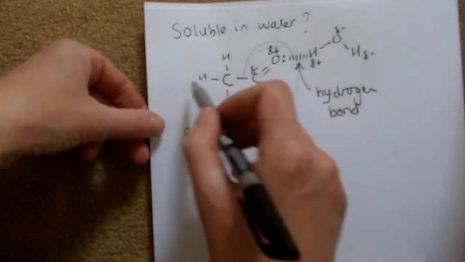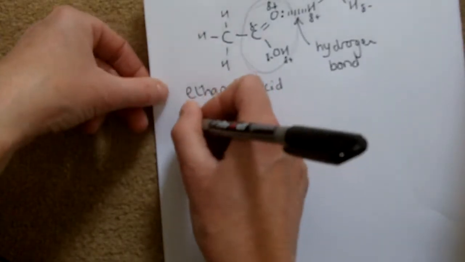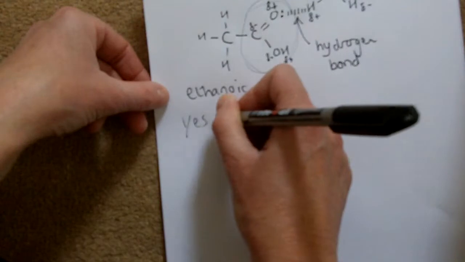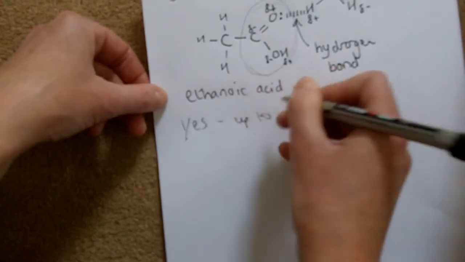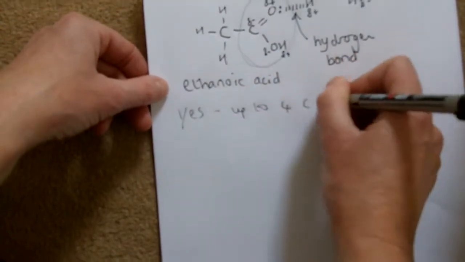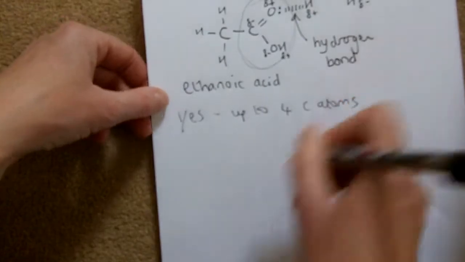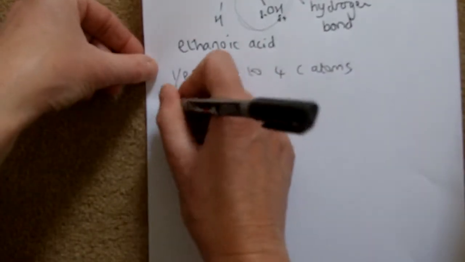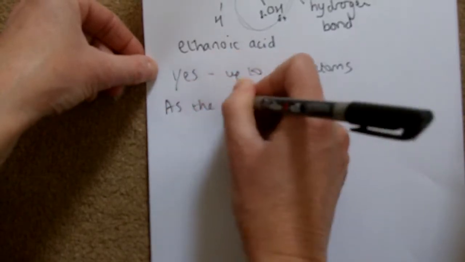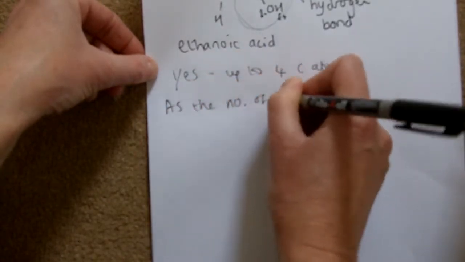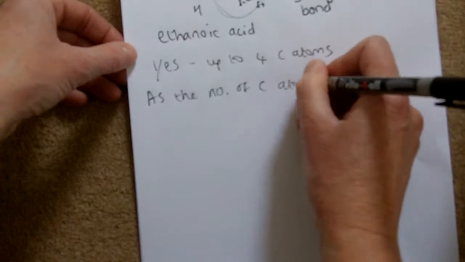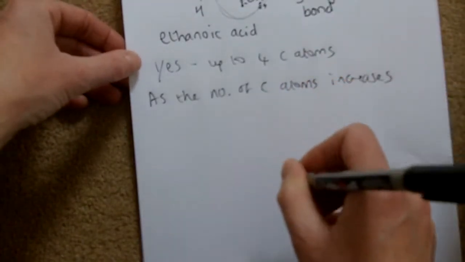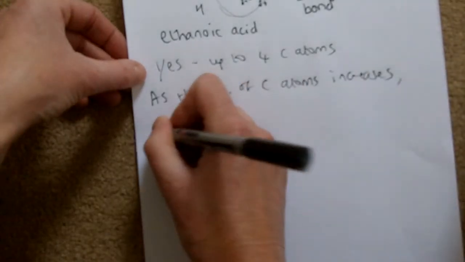But as the chain length increases, they are soluble in water up to approximately 4 carbon atoms. But as the number of carbon atoms increases, as the chain length increases, the solubility decreases.